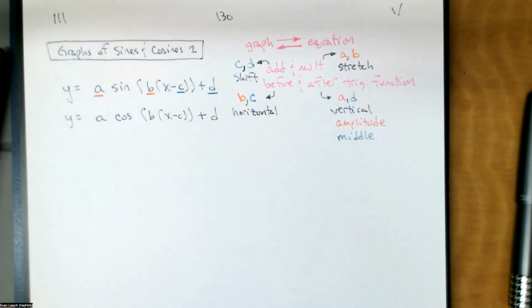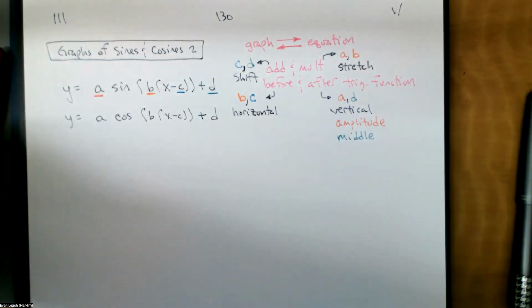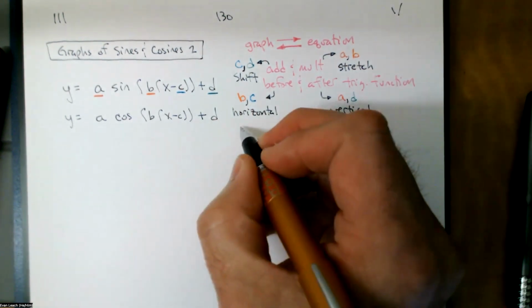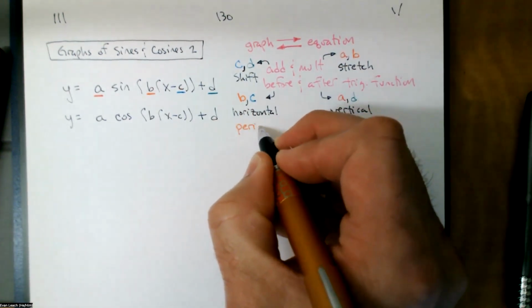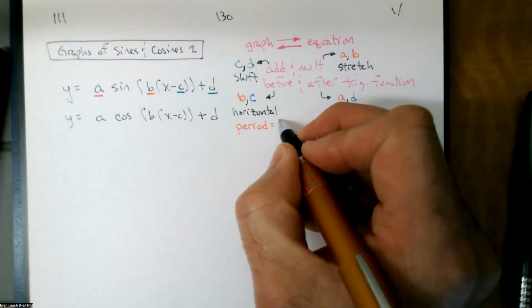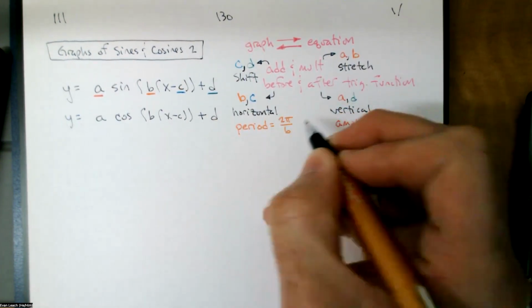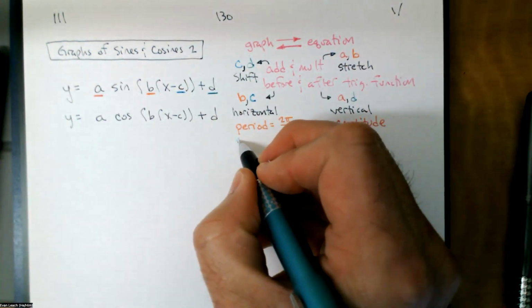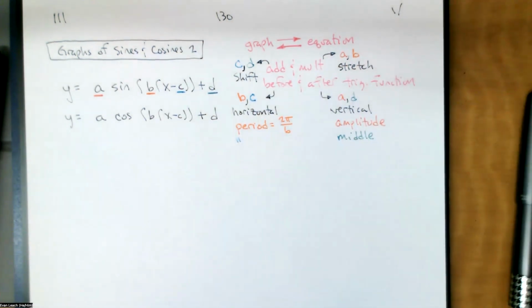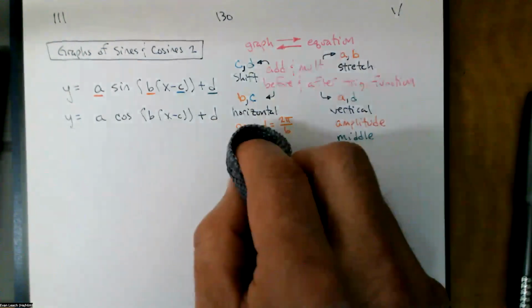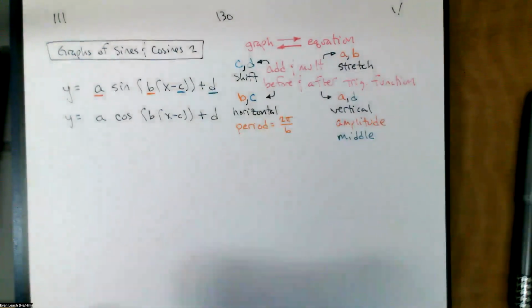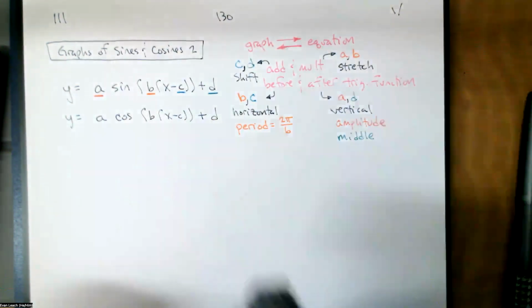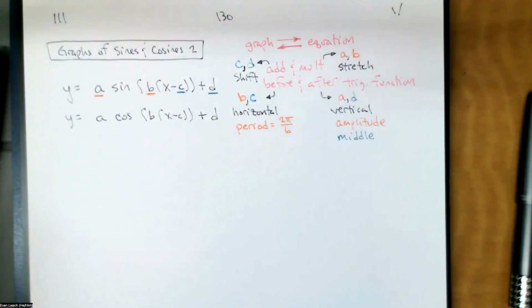In the category of horizontal changes, we'll make adjustments to the period, and adjustments to the start. Let's say it's the 0 of the start, what we're counting as the 0 of the start.